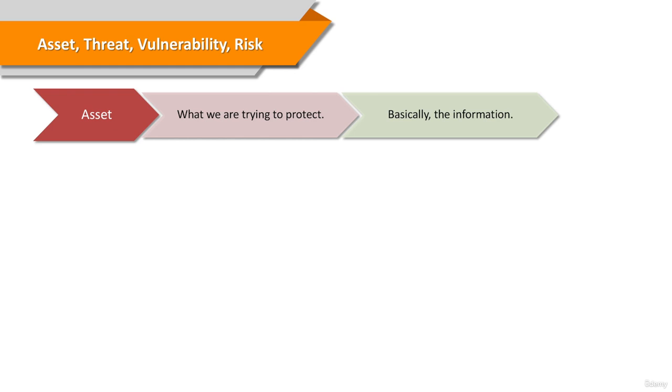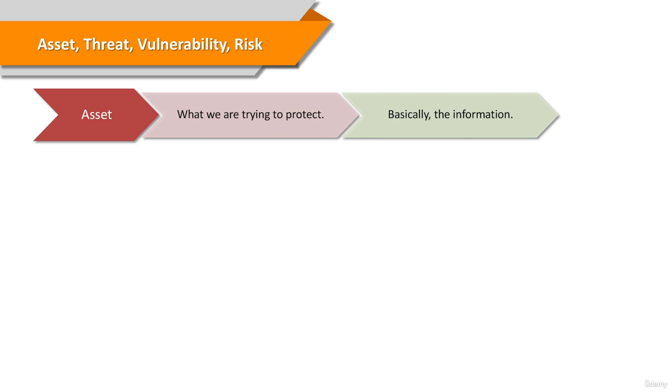So here we have the asset: people, property, and information. People may include the employees or the customers, along with other invited persons, such as contractors or guests. Property assets consist of both tangible and intangible items that can be assigned a value.